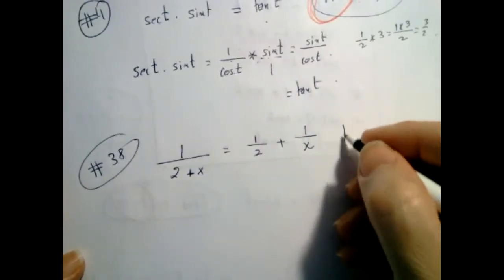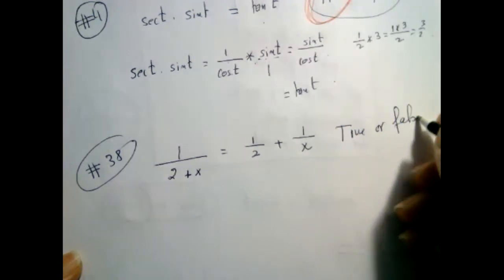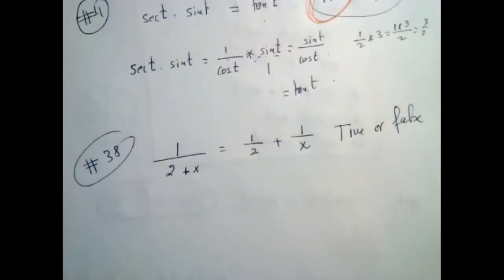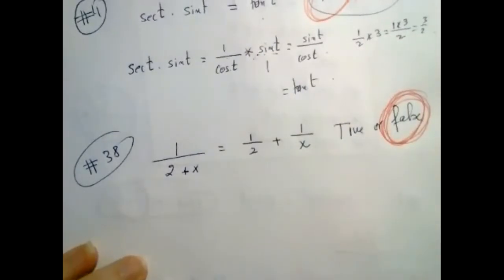Again, true or false quickly. Basically, can I break the denominator? True or false? I want a quick answer. False. Anybody else? Absolutely false. We can never break the denominator.